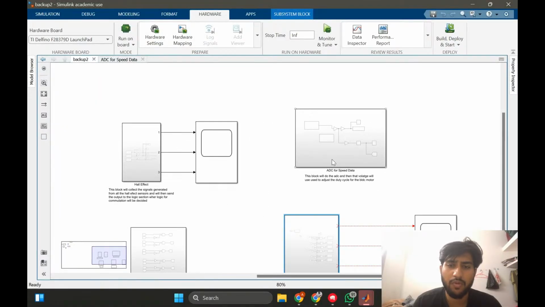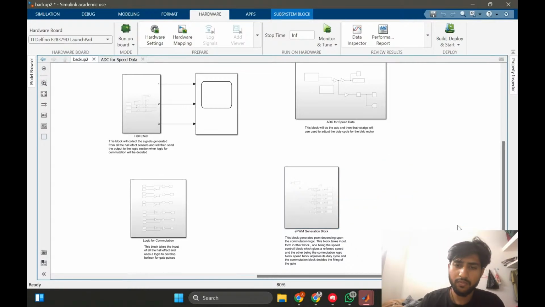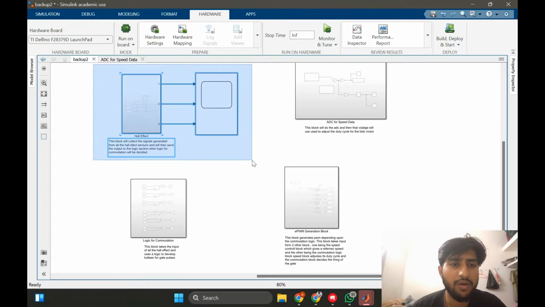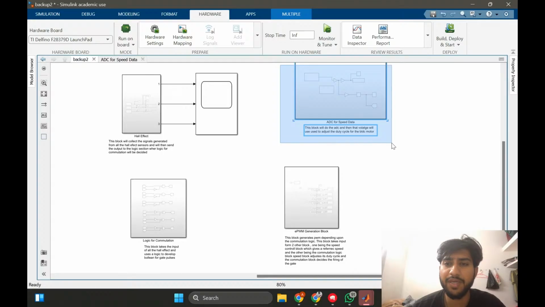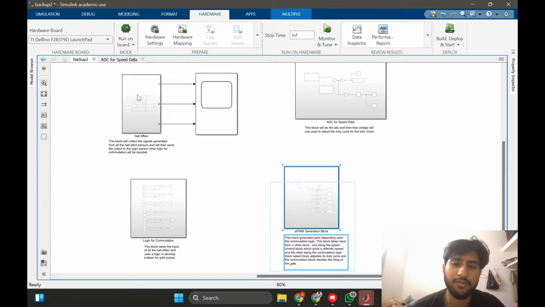A total of four blocks are there. The very first you can see here is called Hall effect. Next is called ADC for speed data. Then we have logic for computation, and then we have the actual EPWM generation block.